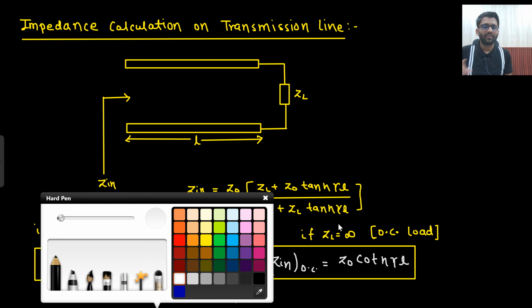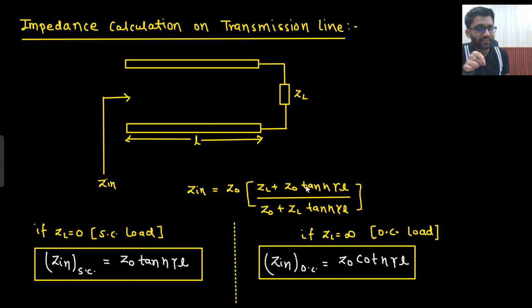Is that clear to you? ZL is very high, so this term I can take equal to 0. Then ZL gets cancelled, and Z0 upon tanh gamma L can be written as coth gamma L. Is that clear to you? Certainly it is clear.